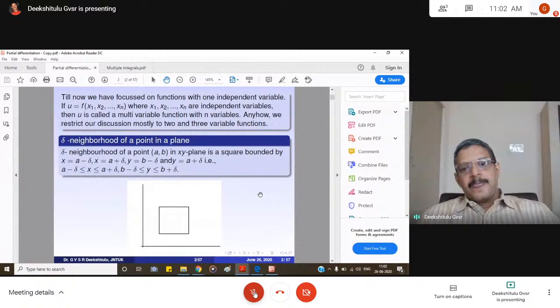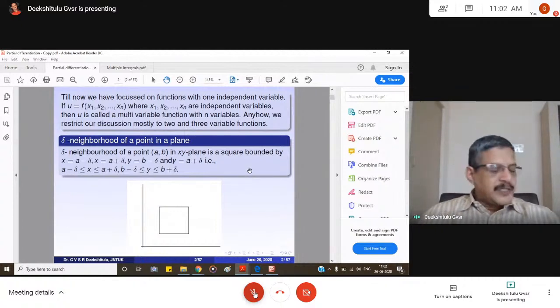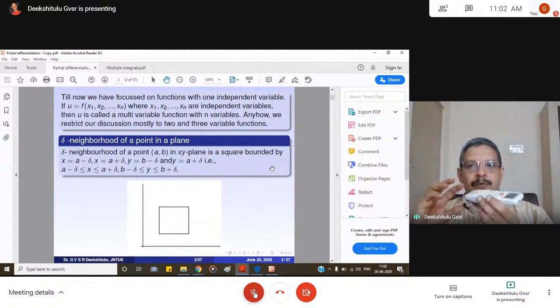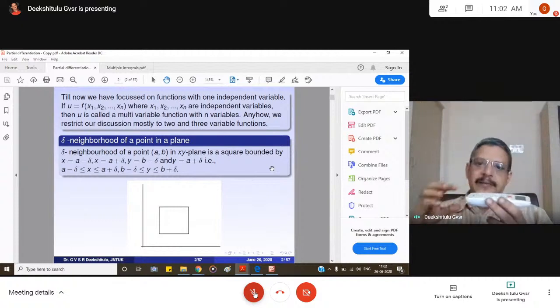Similarly, you can consider a metal cube and discuss the same idea in three variables. So in most of the applications, in most of the real world problems, we come across functions with more than one independent variable. Say for example, if I take a fluid pipe and the fluid is flowing through this pipe, it is a three-dimensional body, so you have x-axis, y-axis and z-axis.